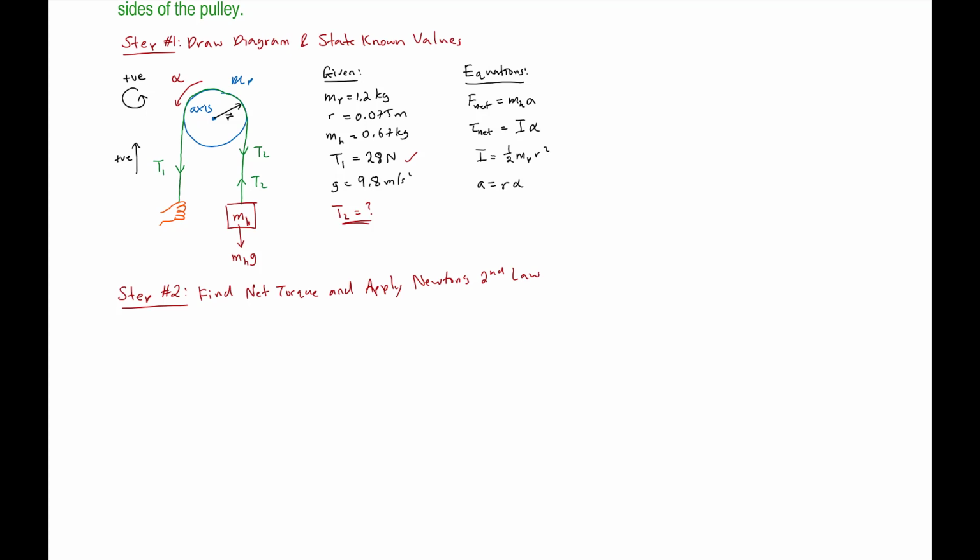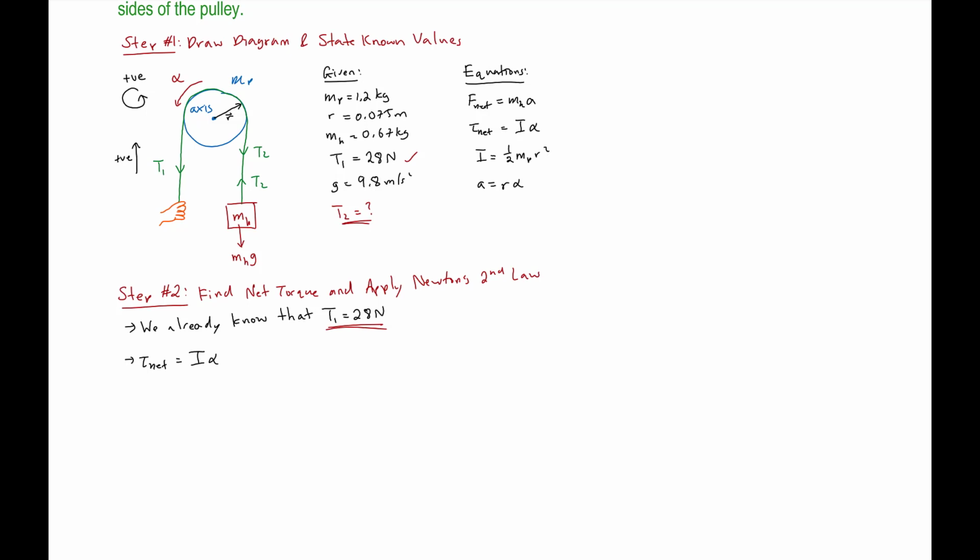So in other words, we already know that T1 is equal to 28 newtons. So let's just underline that so we know that we've already figured out one of the answers. The next step is to look at the net torque acting on the pulley. So we do have the net torque being equal to I times alpha.